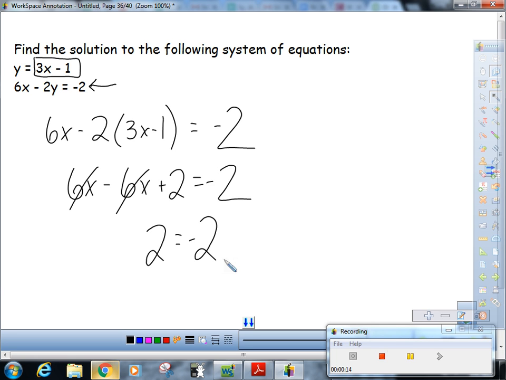So there's a difference. If you would have got 0 equals 0, you would have had infinitely many solutions, okay? But since you have 2 equals negative 2, then what do you get? If you would have gotten 2 equals 2, that would have been infinitely many solutions. This is no solutions. Why?